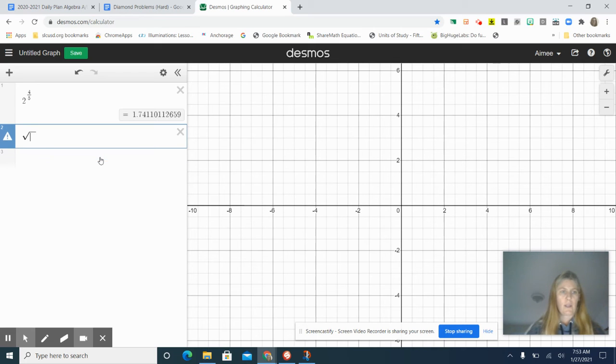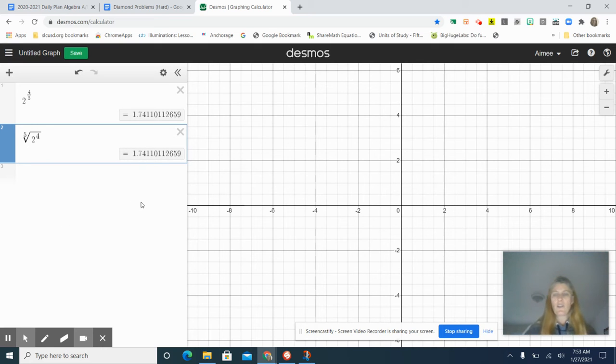So I can go ahead and type in, my keyboard can't come up here. If I type in CBRT, that comes up to the cube root, and then I can go in this crook, and I know that my denominator goes in the crook, and then inside I have 2, and then the power of that is going to be my 4.